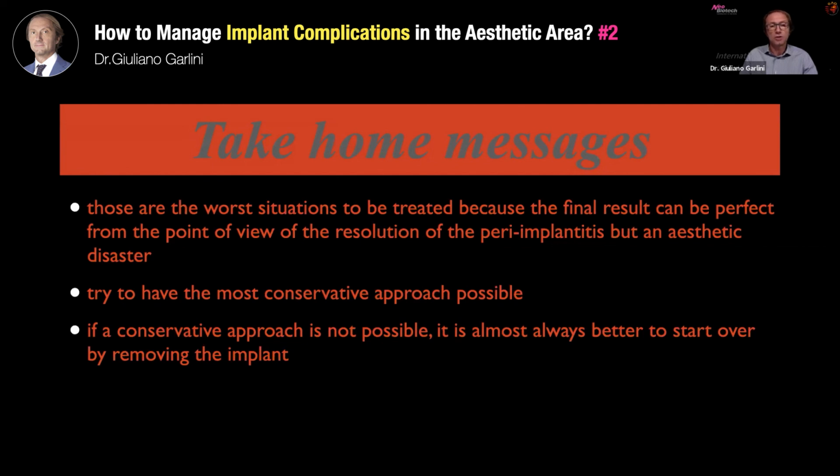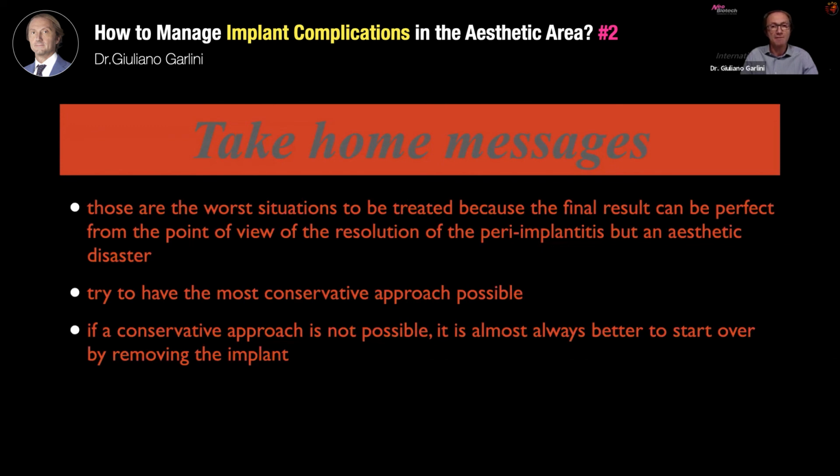So try to have the most conservative approach that is possible. And if a conservative approach is not possible, especially when you have to deal with implants that are inserted in a wrong way, it is better for you to start over again by removing the implant.